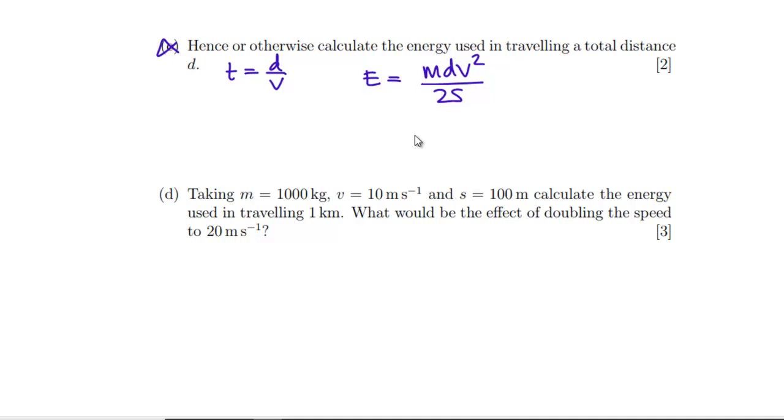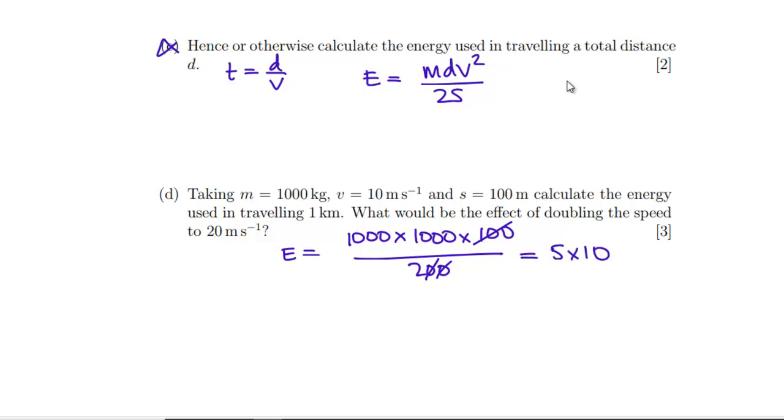So energy is going to be equal to 1,000 multiplied by 1,000 multiplied by 100 divided by 200. So we can get rid of that and that and that. So we've got 10 to the 6 divided by 2, which is 5 times 10 to the 5 joules.